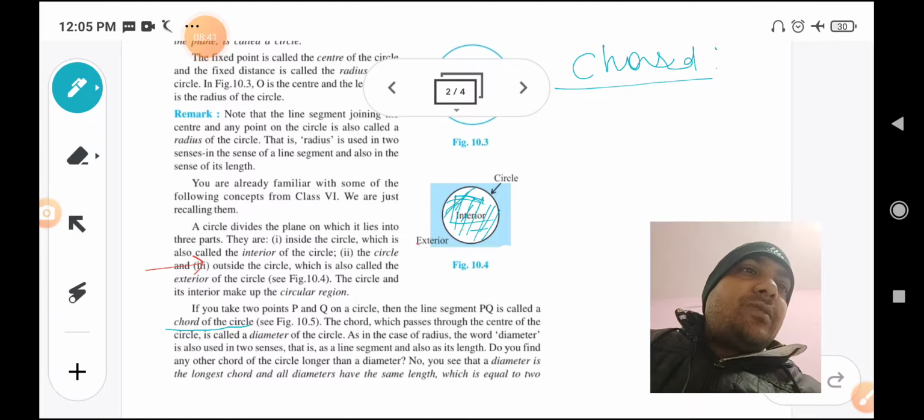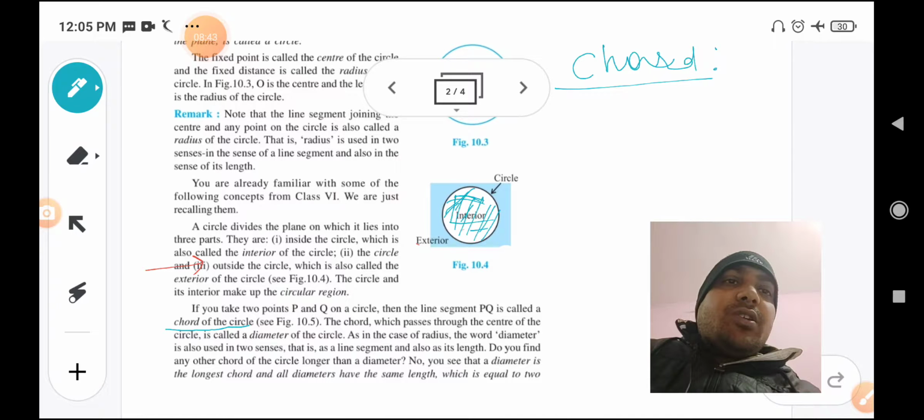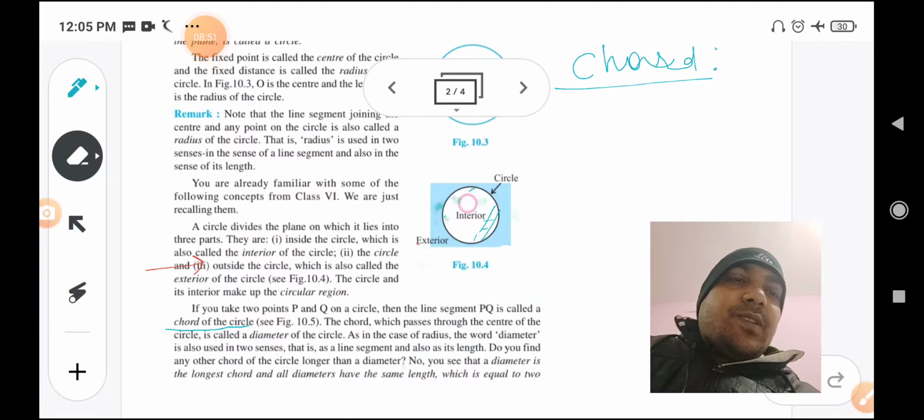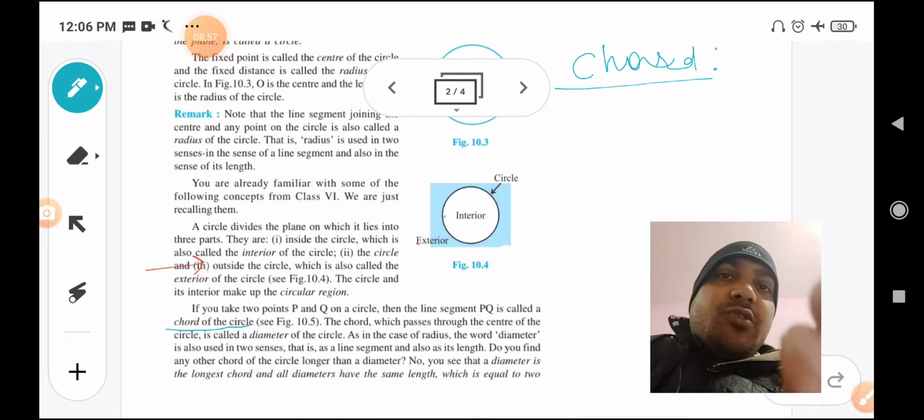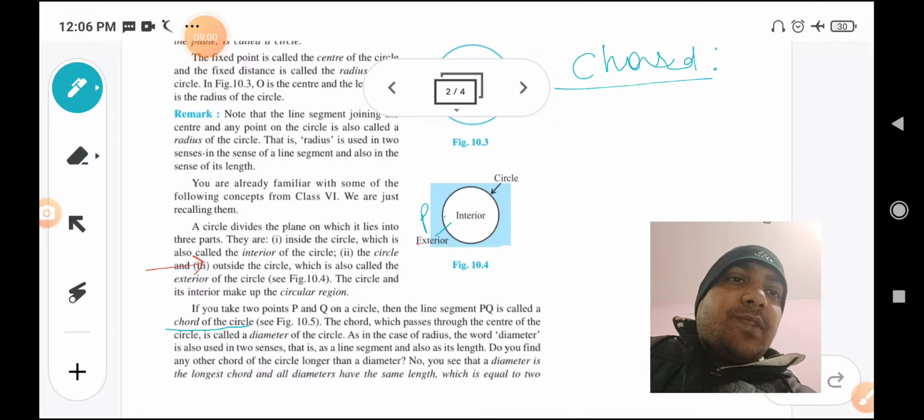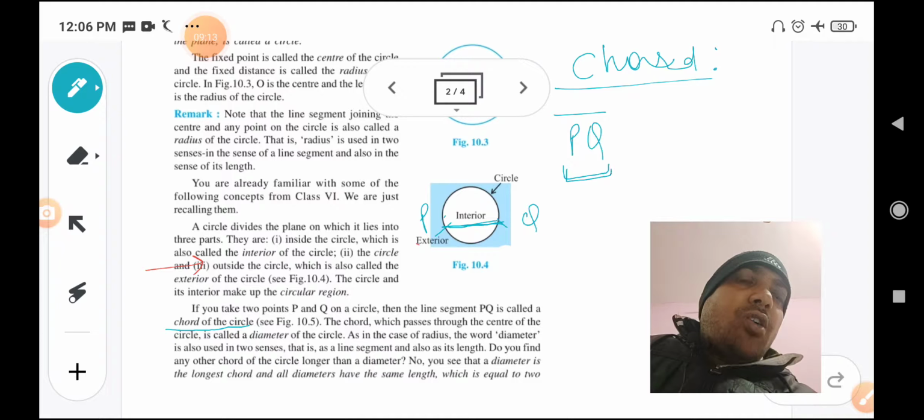On a circle, if you are taking 2 points, suppose this is P, and this is Q, and we are joining it, then we get a line segment PQ.